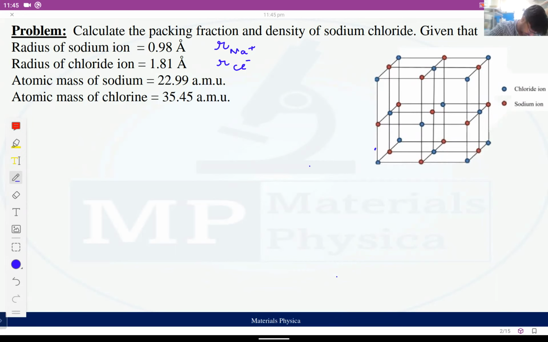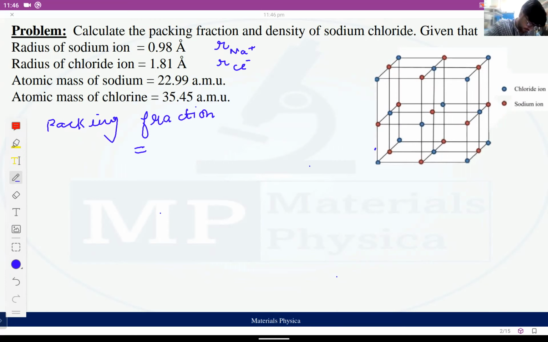Now, the formula for the packing fraction is equal to the volume occupied by the sodium and chloride ions in the unit cell, divided by the volume of the whole unit cell.